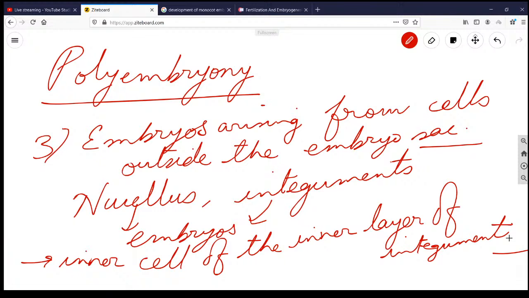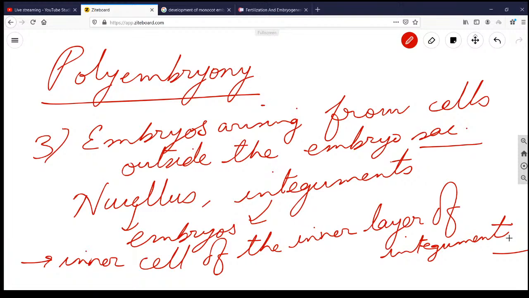So now what happens is such embryos are very rare, but they are still produced. They subsequently come to lie in the embryo sac. Later on, they will traverse and get inside the embryo sac, and are nourished by the endosperm only.